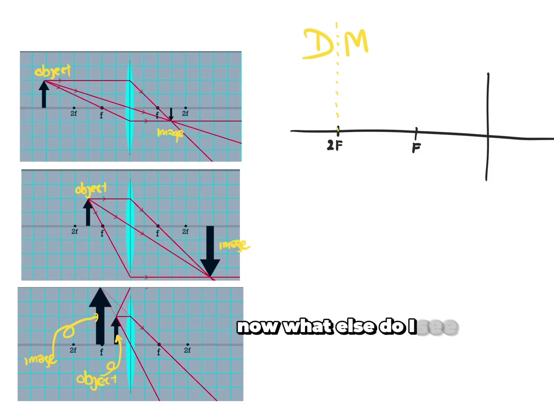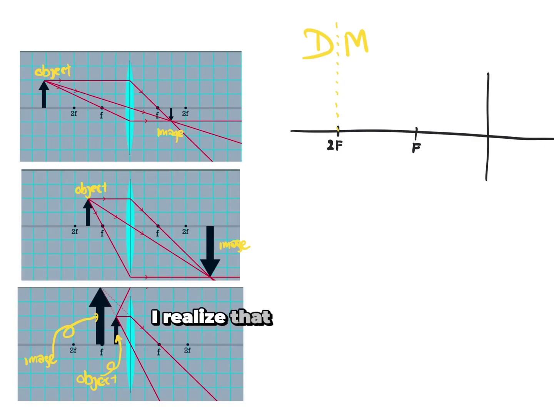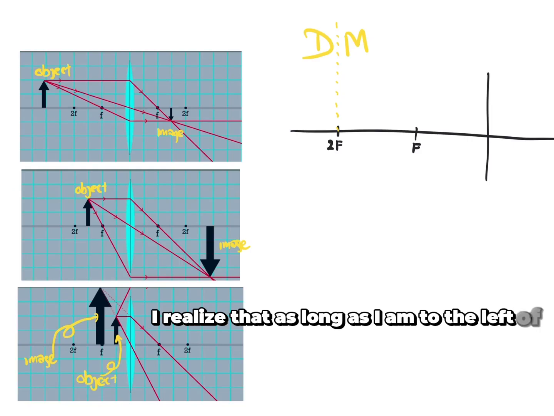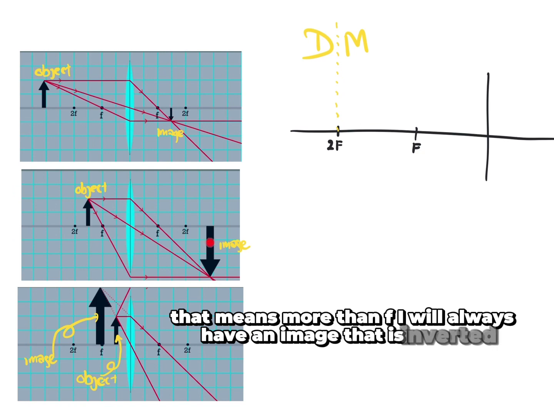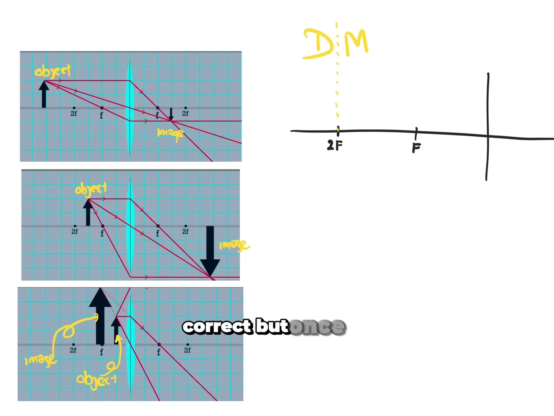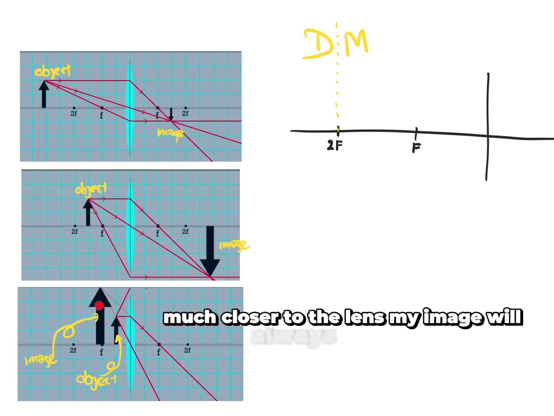Now, what else do I see? I realize that as long as I am to the left of F, that means more than F, I will always have an image that is inverted, correct? But once I went less than F, much closer to the lens, my image would always be upright.